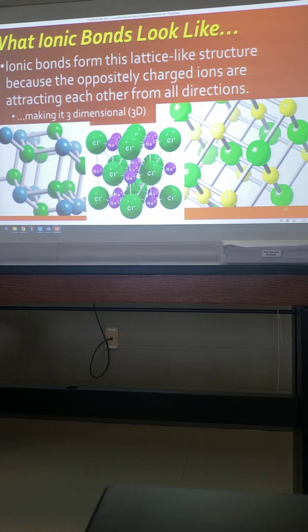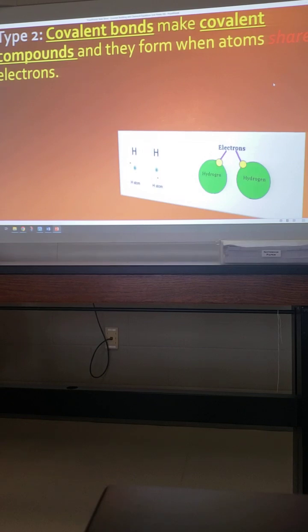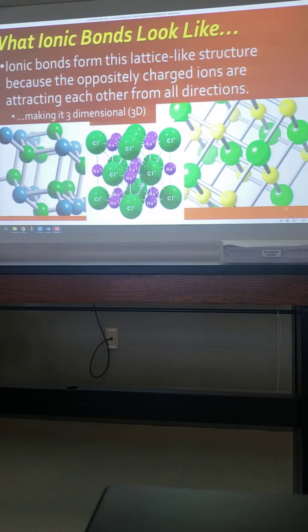It makes the structure three-dimensional because of it. One more. Nope, stop there at 18.